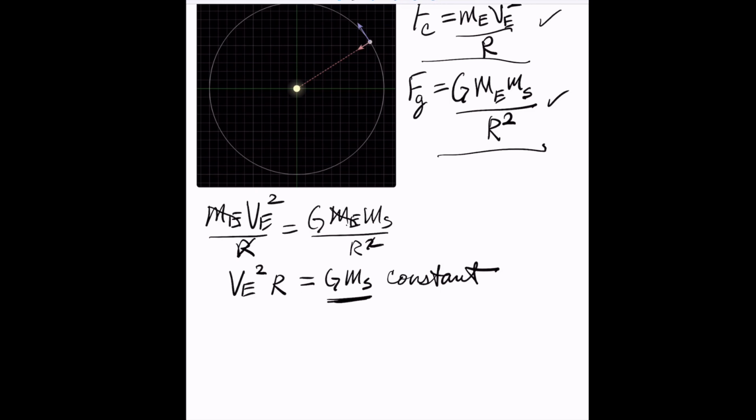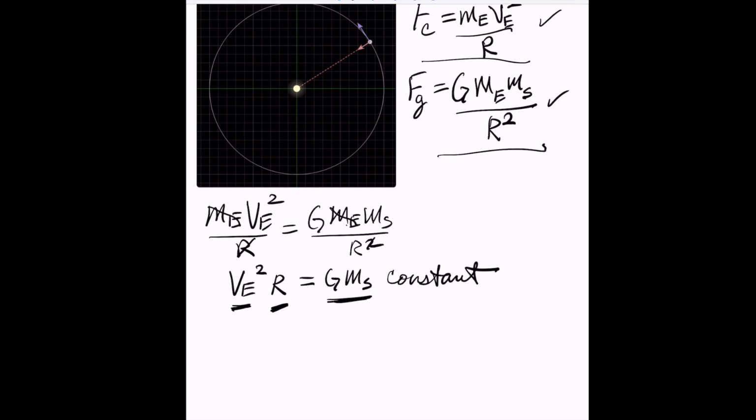So for anything going around the sun, if you need to know where it's going to be, all you need to do is get it up to a particular tangential speed, and that's where it will have a stable orbit. Or if you know where it's going to be around the sun, then you know how fast it's going around the sun.